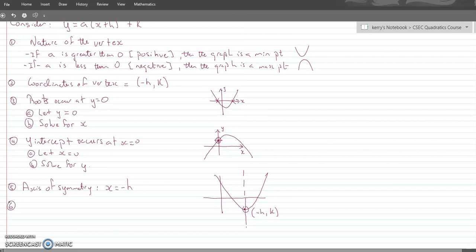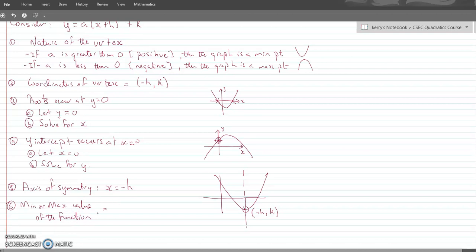And last one, this is one that we didn't do before. This is what we call the minimum or maximum value of the function. In this case, the function is just a fancy way of saying y. So just keep that in mind. This is the minimum value or the maximum value of the y function.